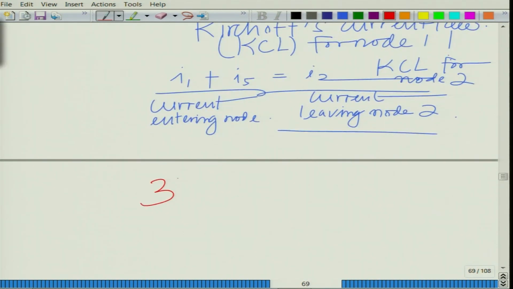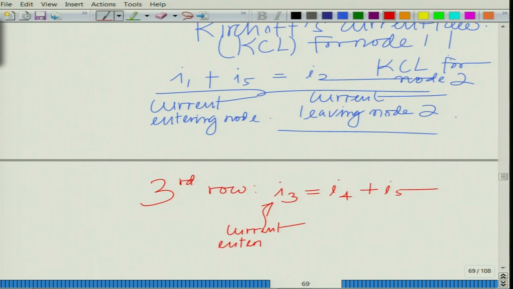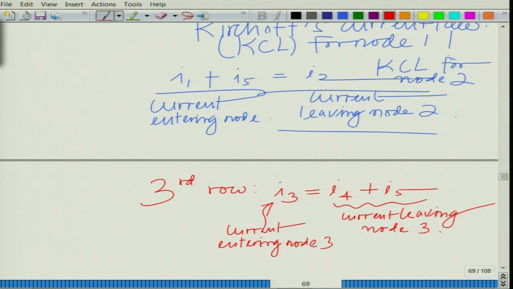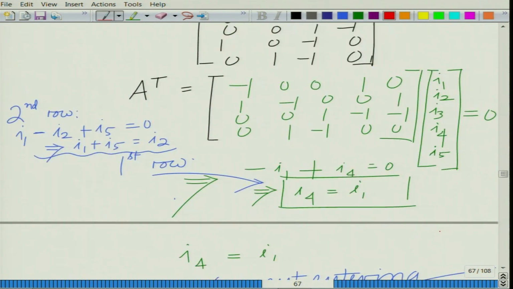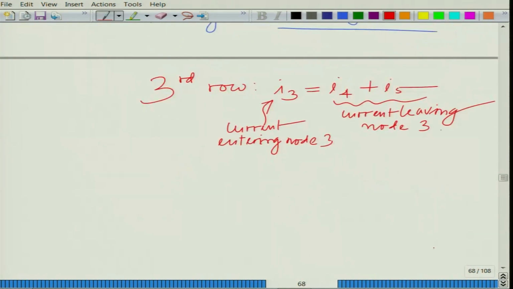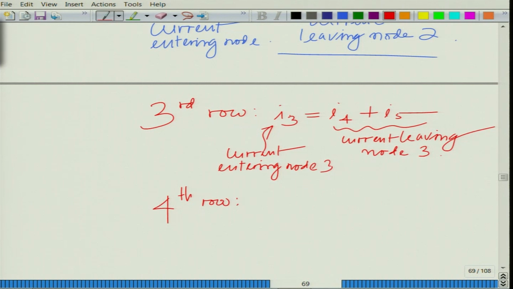I3 is current entering node 3, and I4 plus I5 is current leaving node 3.